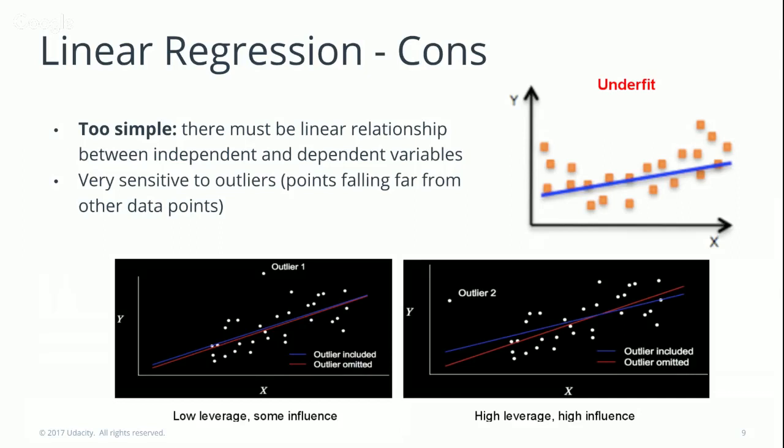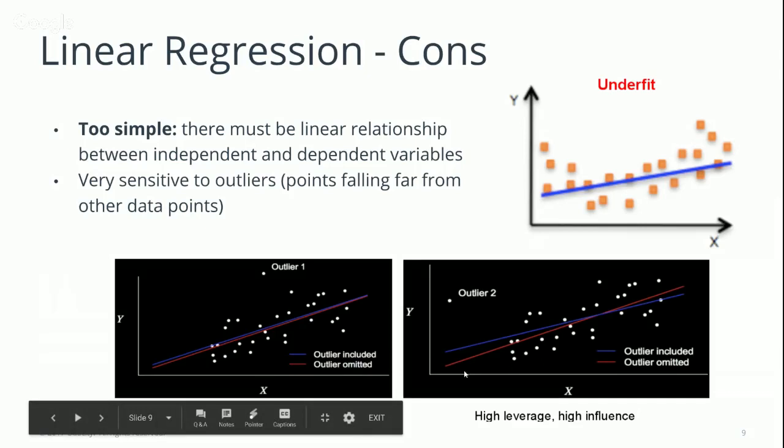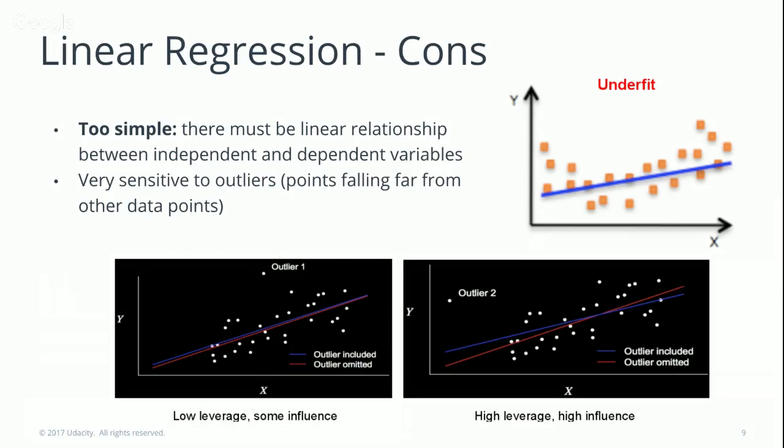As you can see here, between the red line and the blue line in the lower right graph, the line has adjusted itself to a noticeable amount to account for that outlier. The best ways to avoid this would be to either clean your data beforehand to remove any outliers that could possibly affect your data, or to simply choose another model that's less sensitive to outliers.